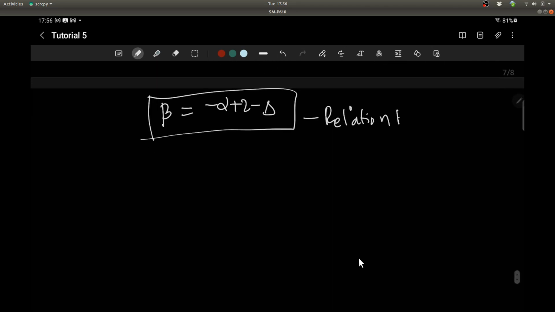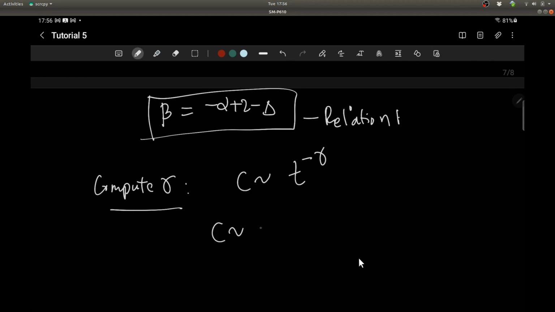Second relation: we need to get gamma now. Compute gamma. What was that? Chi goes as t power minus gamma. But what is C? C is d square f by dt square.